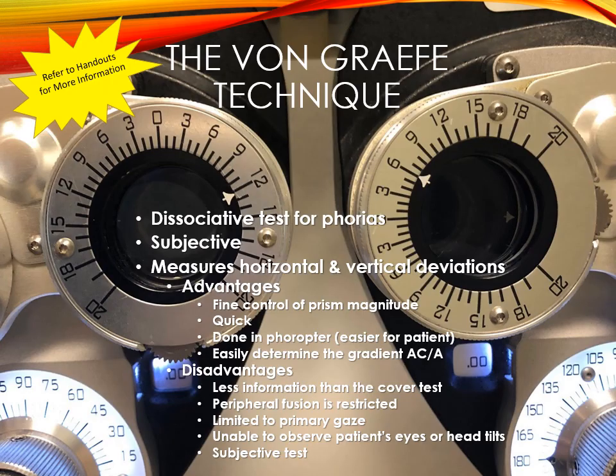The von Graefe technique is a dissociative test for phorias. It measures the horizontal and vertical deviations in the phoropter. The patient looks through the phoropter with the distance or near prescription in place.